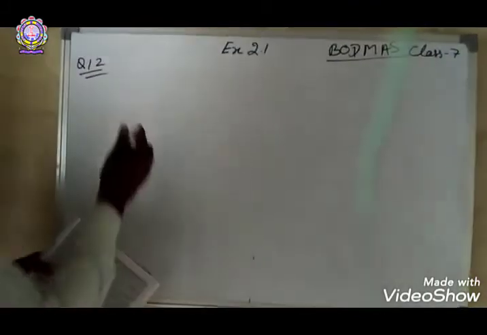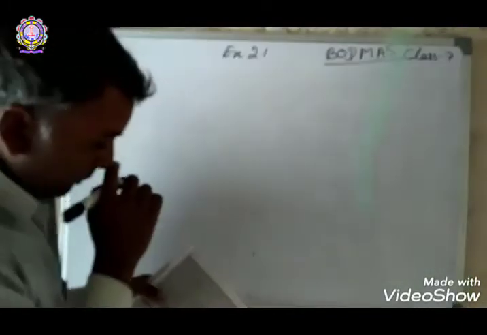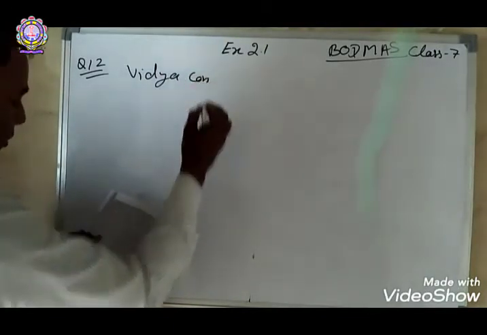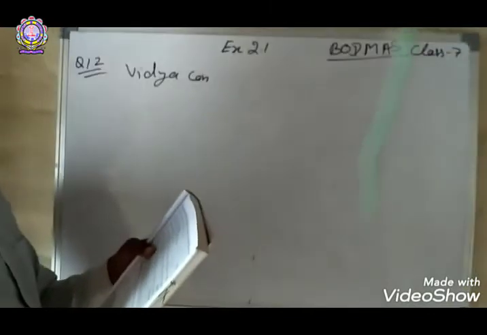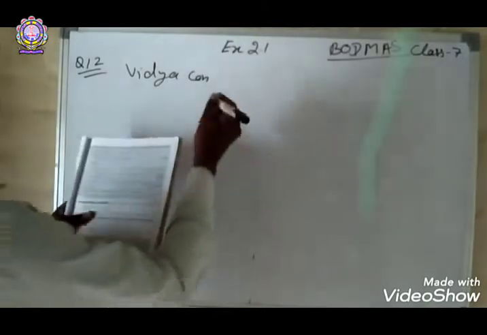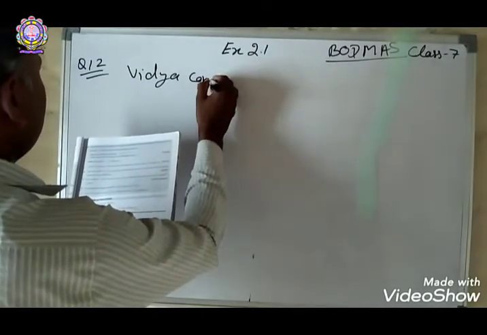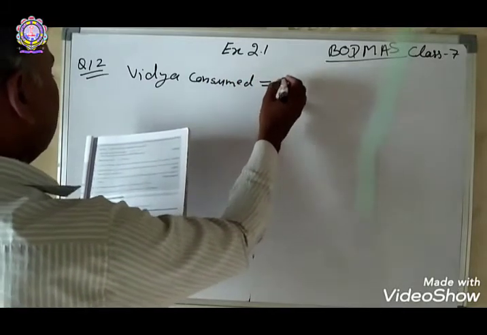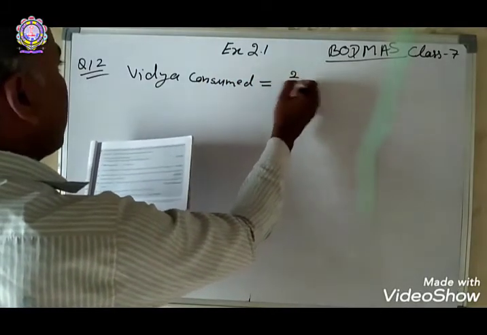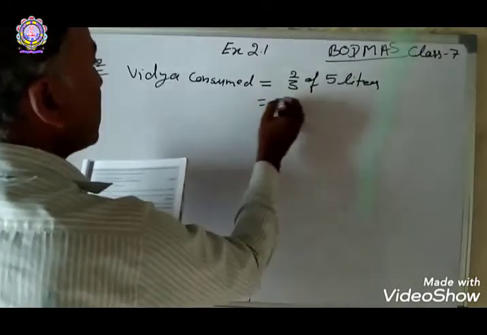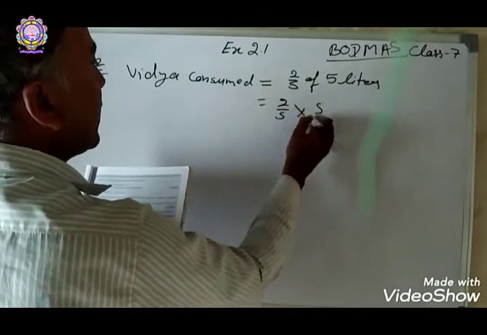So first, solution. Vidya consumed is equal to 2 upon 5 of 5 liters. So it is equal to 2 upon 5 into 5.